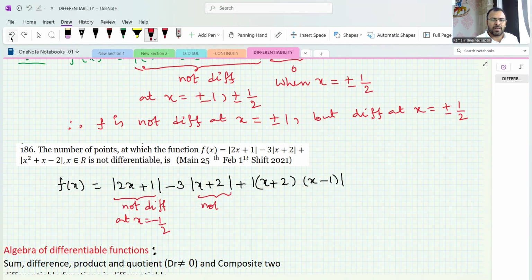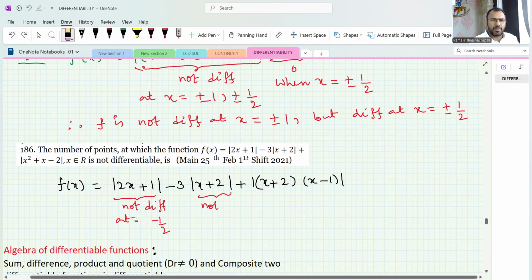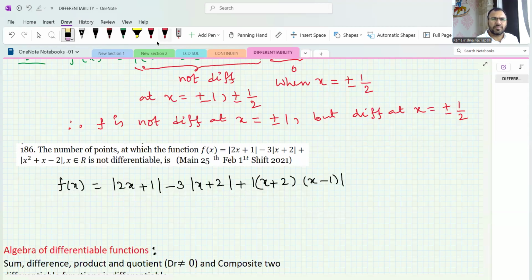I have to take the common factor. I'll write this as modulus of 2x plus 1, taking modulus of x plus 2 as common, into modulus of x minus 1 minus 3. This is the function.